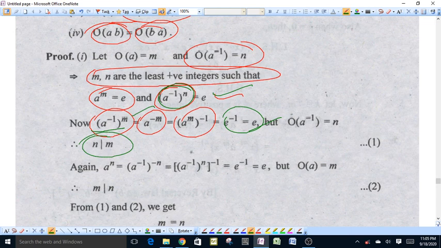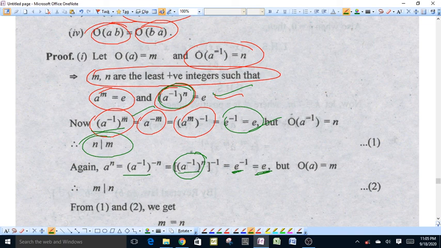Again, a raised to power n will be equal to a raised to power minus 1 raised to power minus n, which may be written as a inverse raised to power n raised to power minus 1, because order of a inverse is equal to n, therefore this will be equal to e, and e inverse is equal to e.